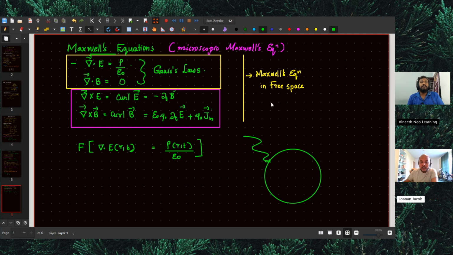This is an advanced concept. The electric field at time t will change the charge density at a later time, t plus some dt.